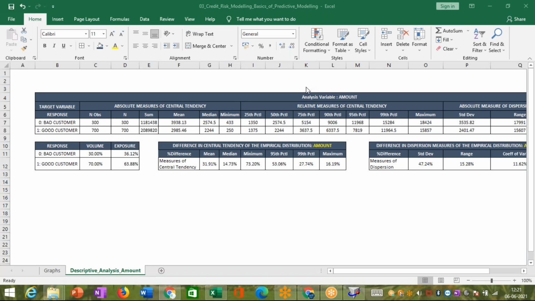One of the easiest ways is to look at the mean plus minus 3 sigma limit. Any value above the mean plus 3 sigma limit will be your upper end outliers, and any value below the mu minus 3 sigma limit will be your lower end outliers.